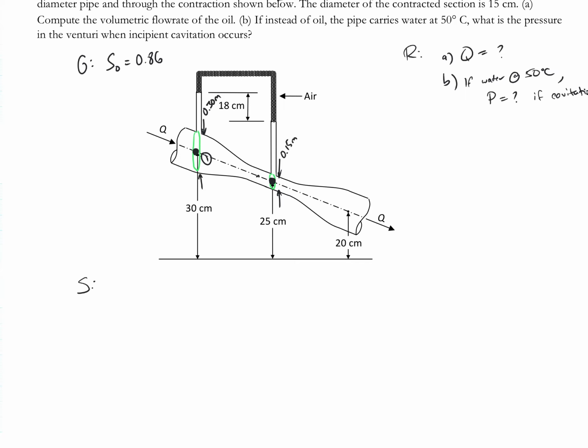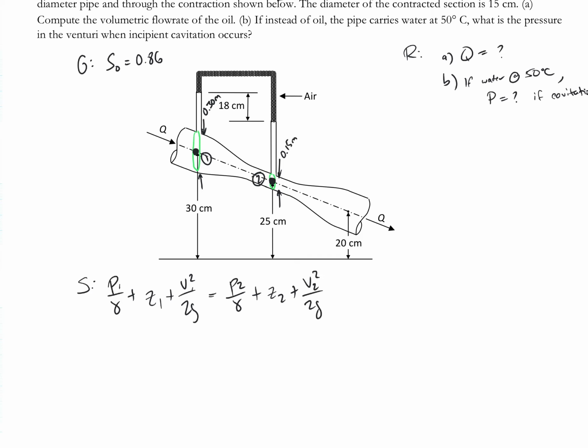We're trying to get at flow rate, and Bernoulli has a lot of the things we care about. So typically I use Bernoulli as my master: P1 over gamma plus Z1 plus V1 squared over 2g equals P2 over gamma plus Z2 plus V2 squared over 2g.